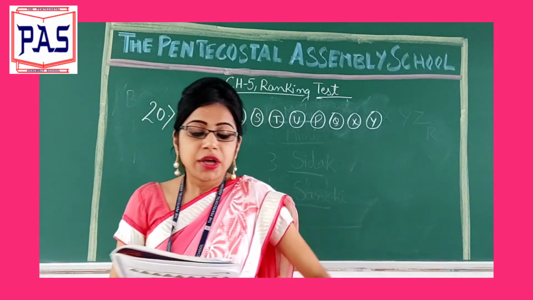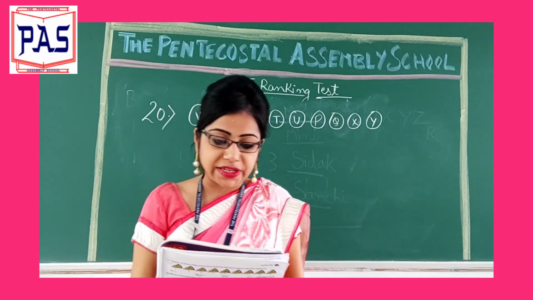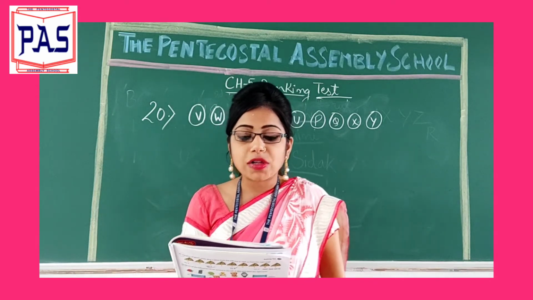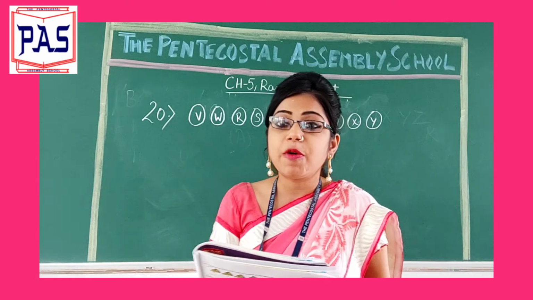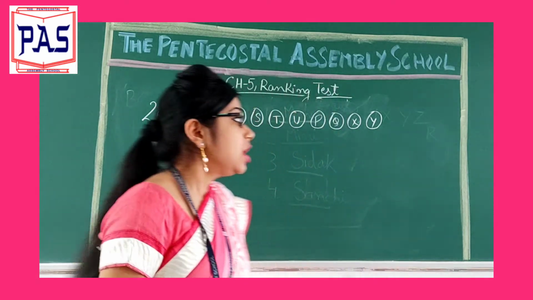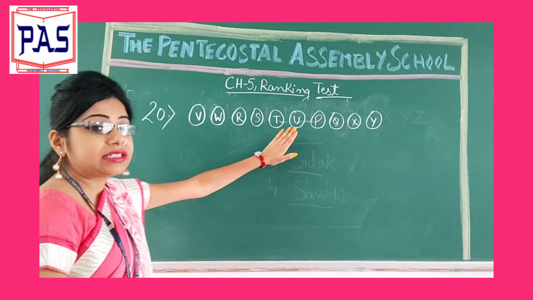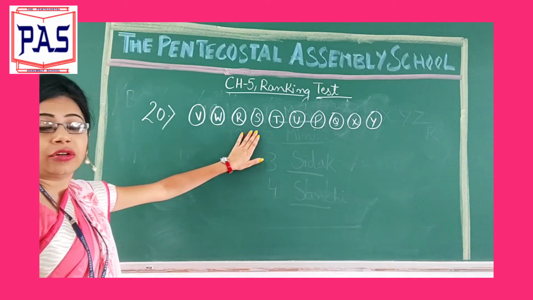Now, children, let us see question number 20. If two balls P and Q are removed from the given series, here you can see that there are 10 balls on the board.